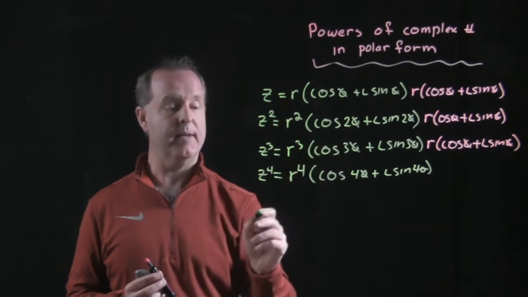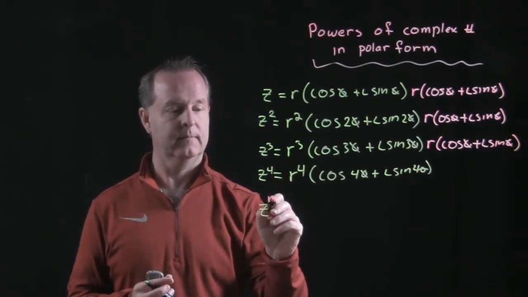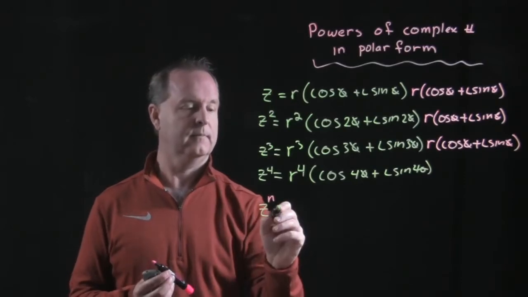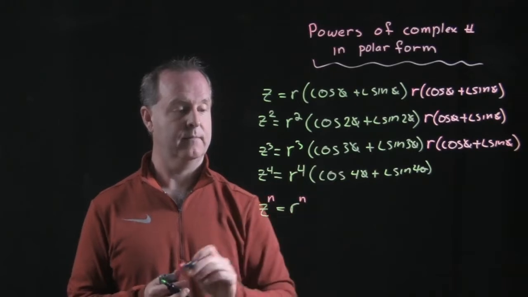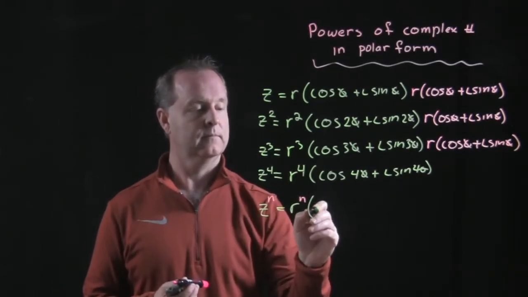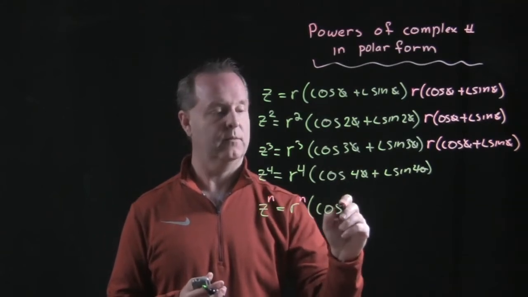So the power formula, z to the n equals the modulus to the power of n times the cosine of n times the argument plus I sine of n times the argument.